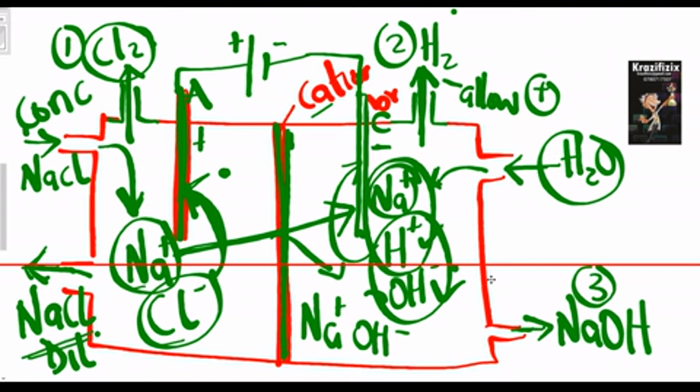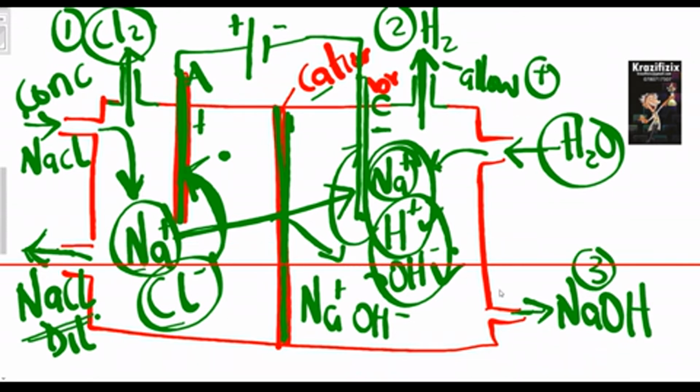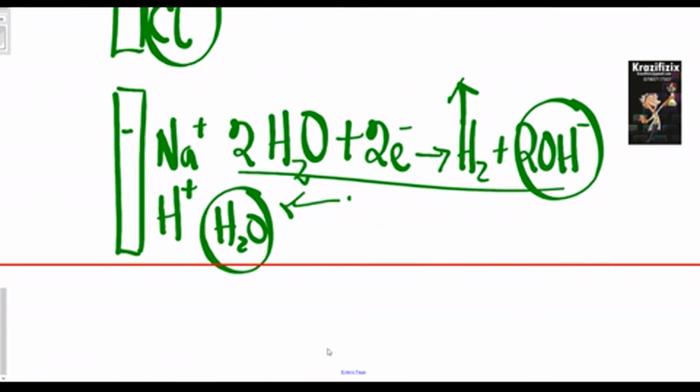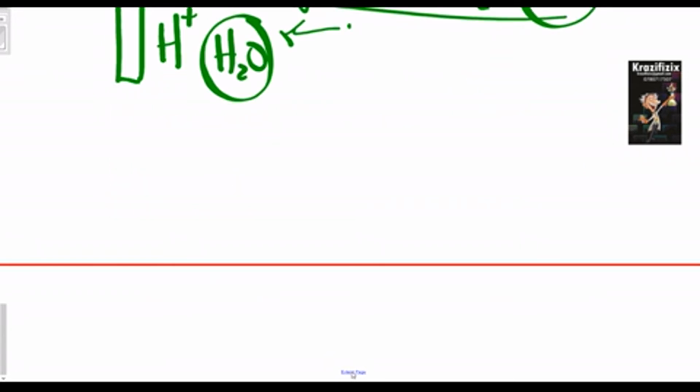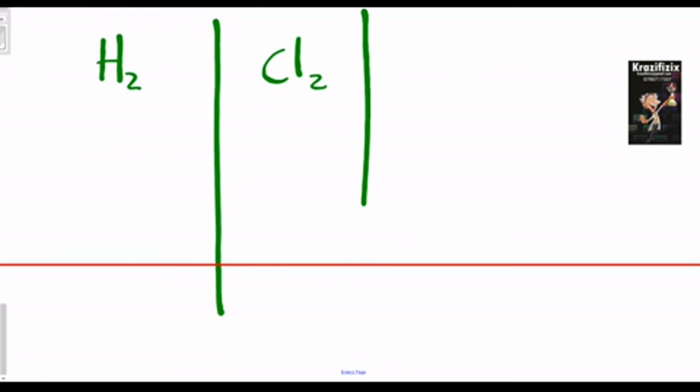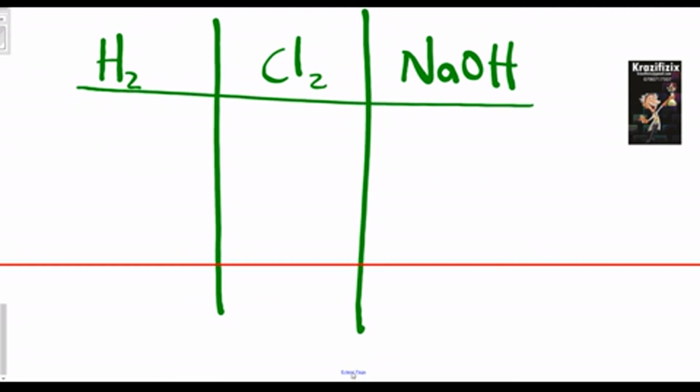Why, therefore, is this process very important? We are producing hydrogen, chlorine gas, and sodium hydroxide. Let's see what is the importance of the cell.